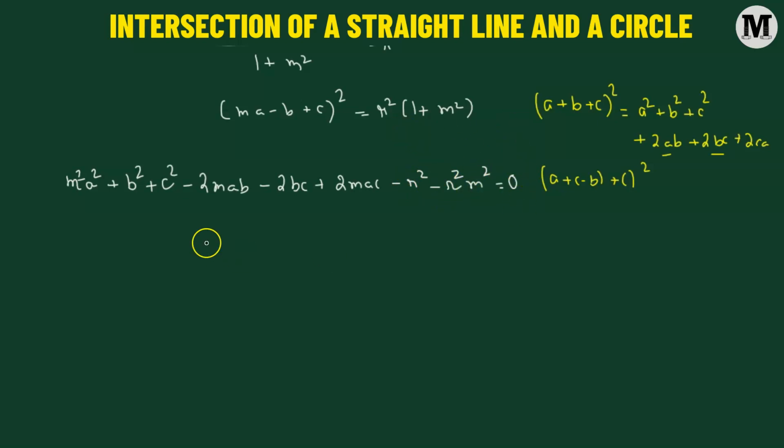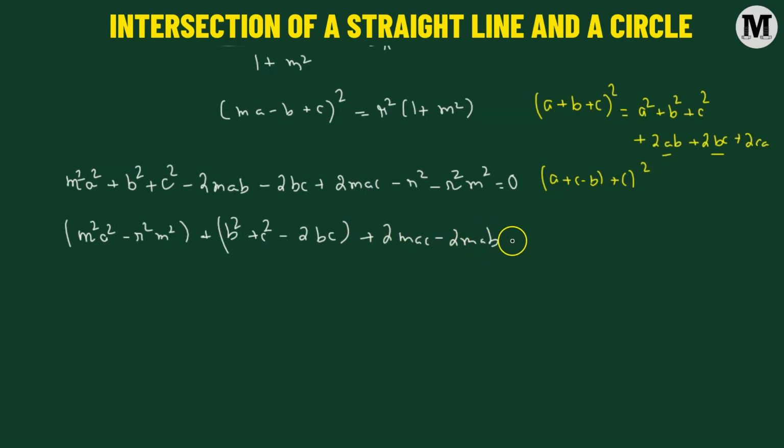This will be equal to 0. Now what we'll do, we'll take m squared a squared and combine it with r squared m squared. This will be one term. Then we have b squared plus c squared minus 2bc. So that's going to be another term. And then we will combine the remaining terms. So that's 2mac minus 2mab minus r squared equals 0.